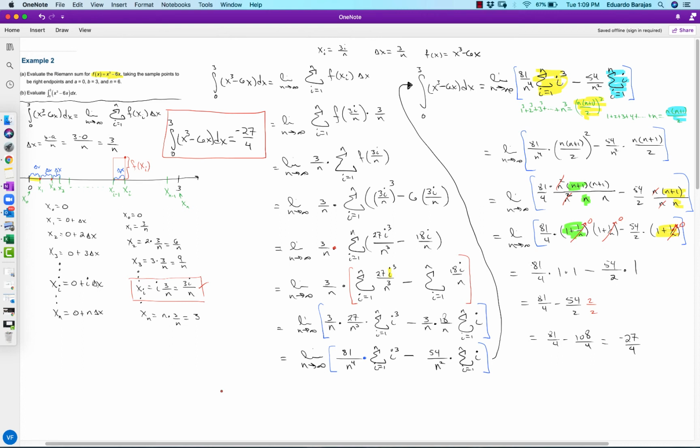For now, if you're asked to find the value of an integral by using the limit definition, this is what you've got to do. So you've got to refer back to this definition of a limit, and convert our integral into this.